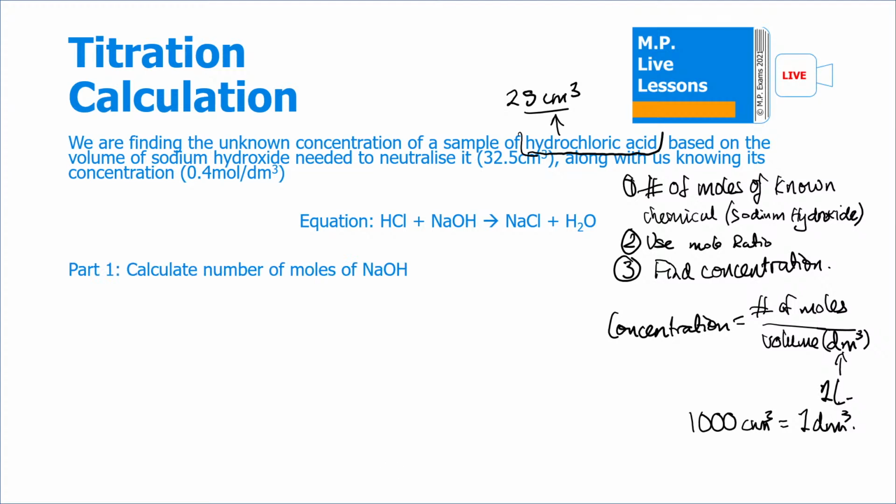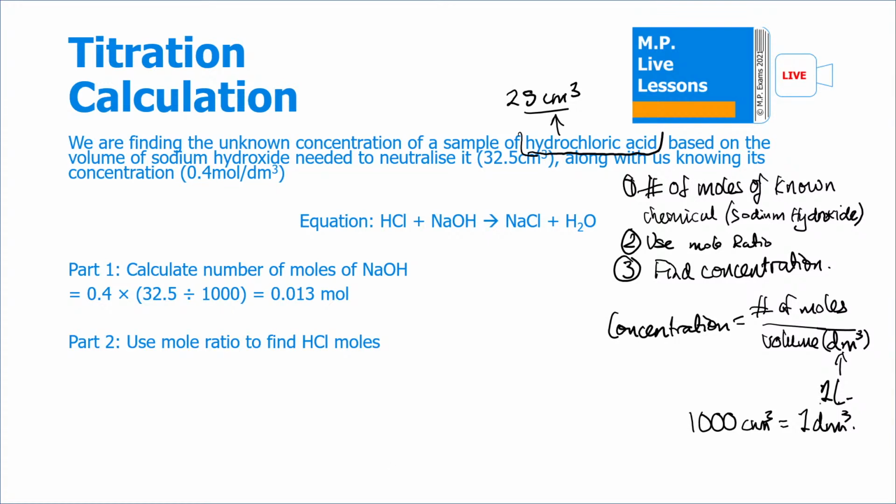So part 1, we calculate the number of moles. And what we do here is 0.4 times the volume, since we rearrange the equation. Number of moles is the concentration times the volume. So this gives us the number of moles, 0.013. So we use the mole ratio.